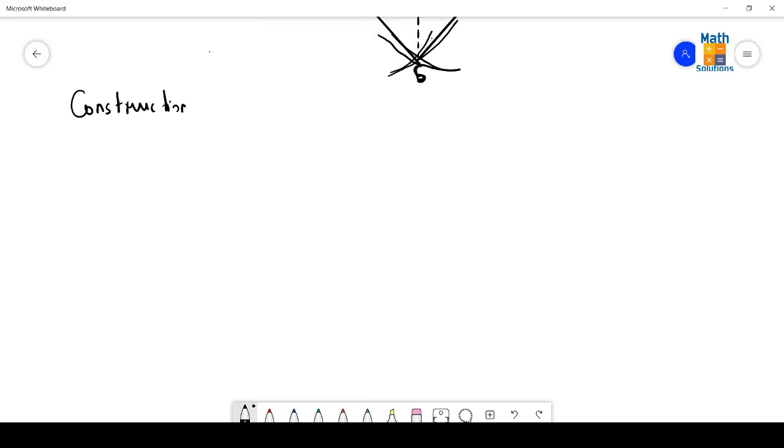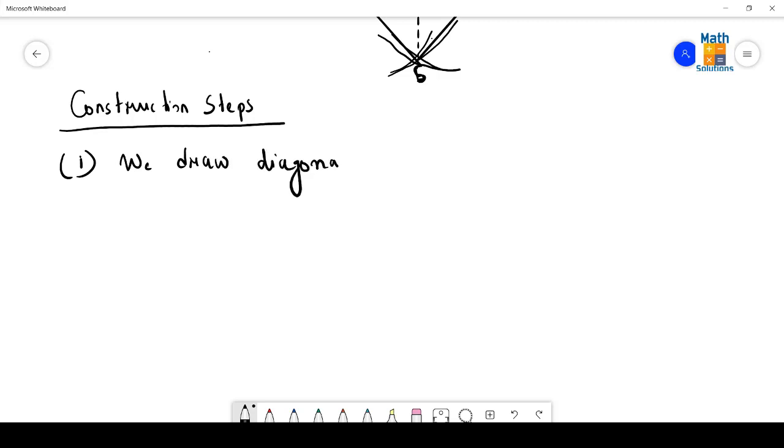Construction steps. Whatever steps we had followed, that will be more clear from this explanation. What is given? We draw diagonal ET is equal to 6 centimeter.